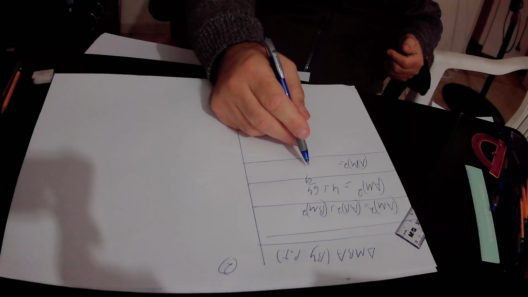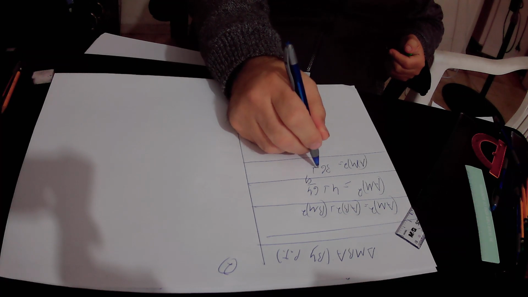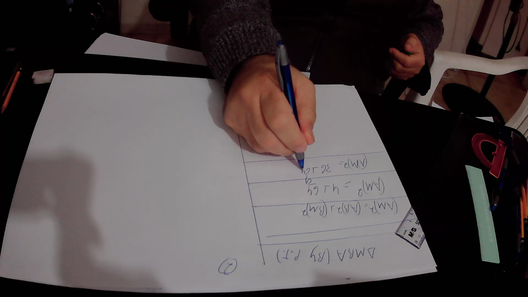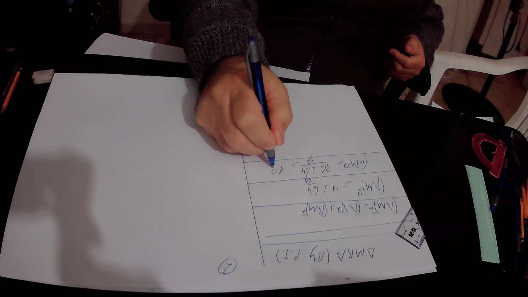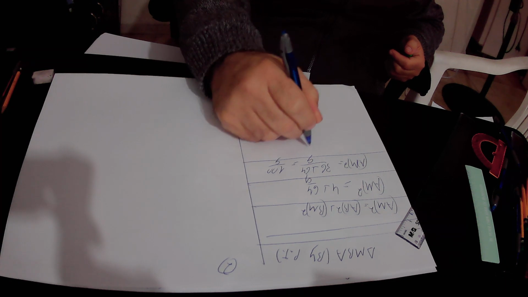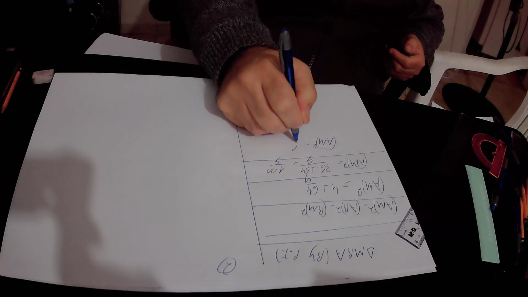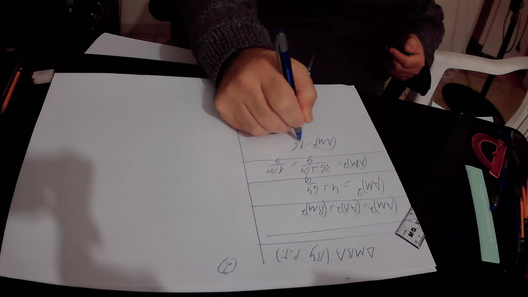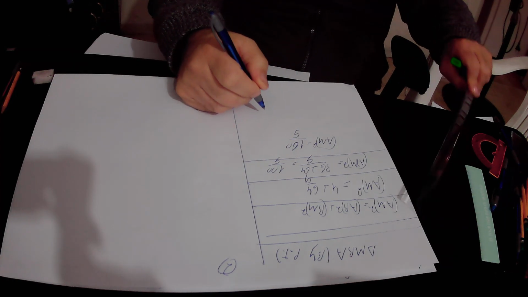So 4 times 9 is 36, so in the numerator we have 36 plus 64, divided by 9. 36 plus 64 is 100 over 9. So AM squared equals 100 over 9. Here we take the square root.